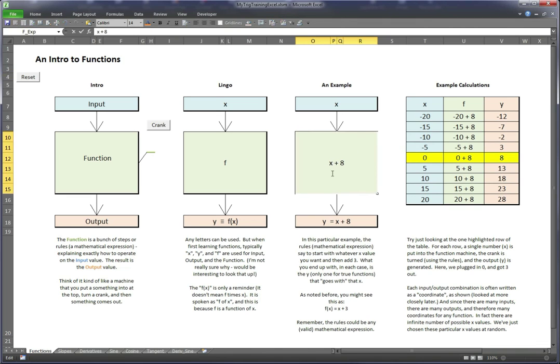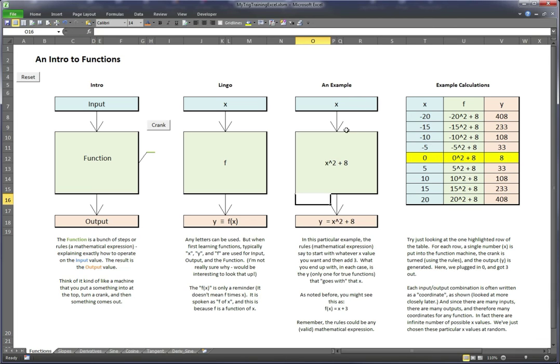We could even make it x squared, which means x times x. Well, so what does that mean? It means if I plug in 0, 0 squared is 0 times 0, and then plus 8 gives me 8. If I were to stick in 5, that gives me 5 times 5 is 25, plus the 8 gives me 33. So the idea here is that it doesn't matter what you put in. You follow the rules, you get something out.